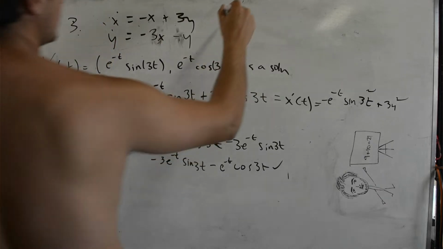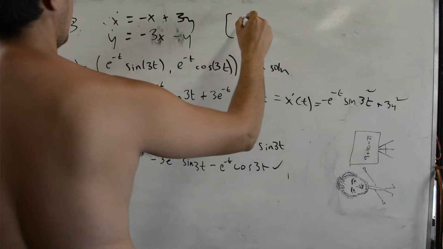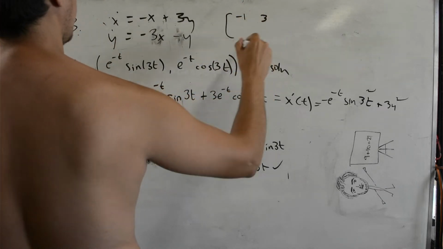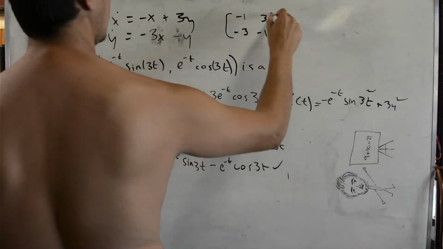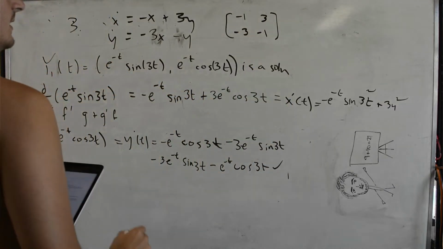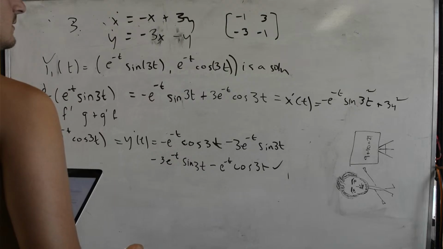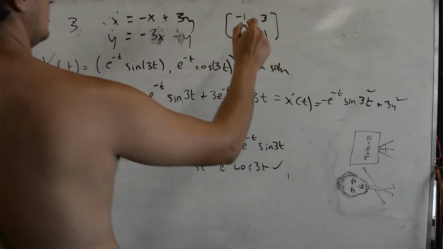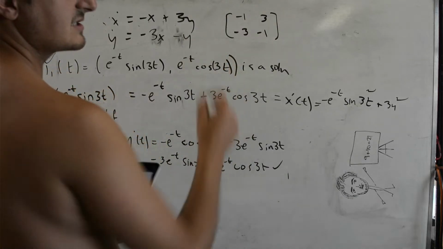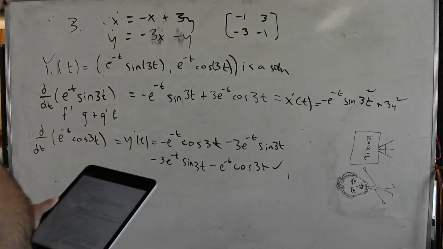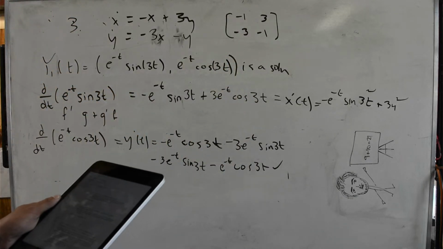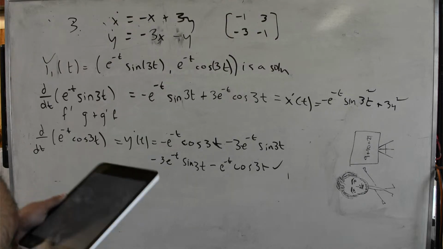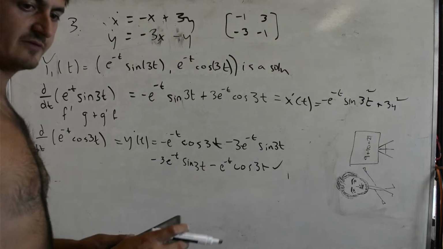And you know what? Maybe it's helpful to think about, we have minus 1, 3, minus 3, minus 1. I think that this might be a rotation matrix or something. You know, I can't tell. Maybe we should probably look at the vector plot.